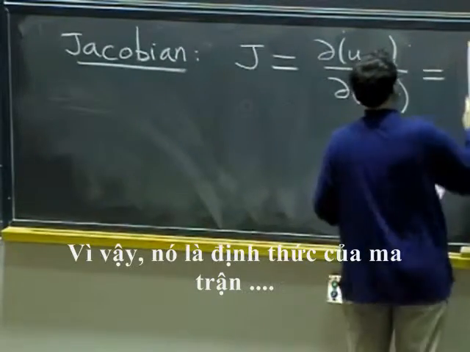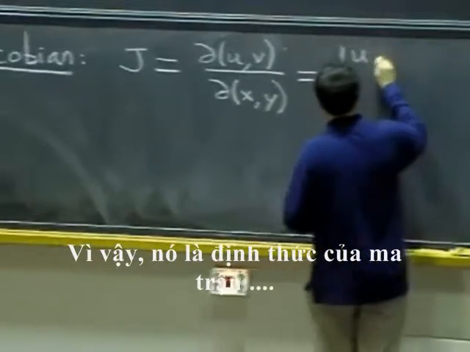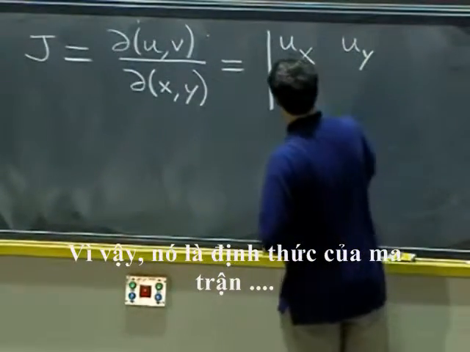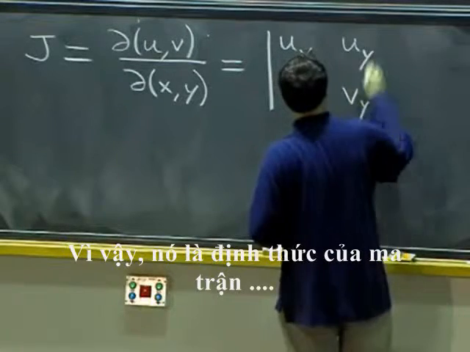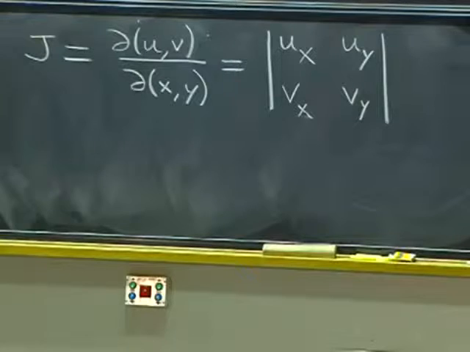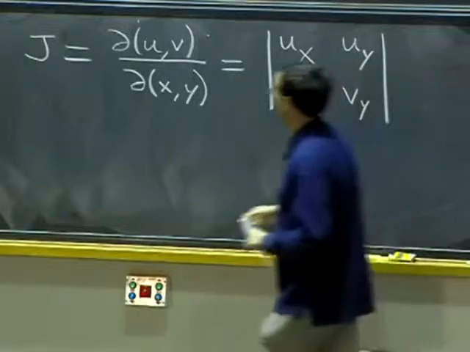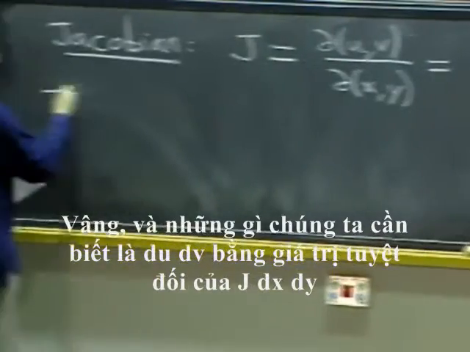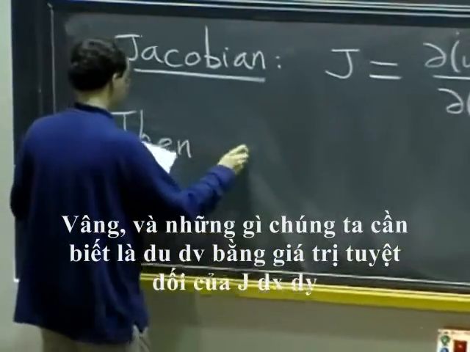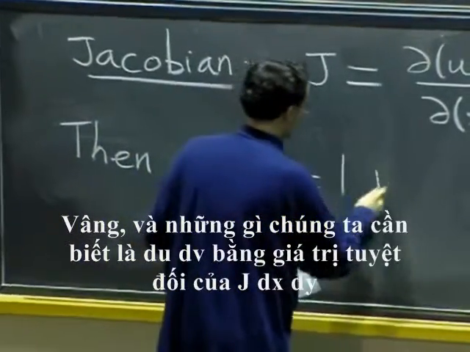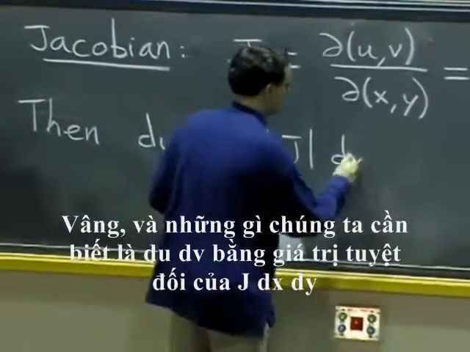So it's the determinant of a matrix: u sub x, u sub y, v sub x, v sub y. The matrix that I had up there. Okay, and what we need to know is that du dv is equal to the absolute value of J dx dy.